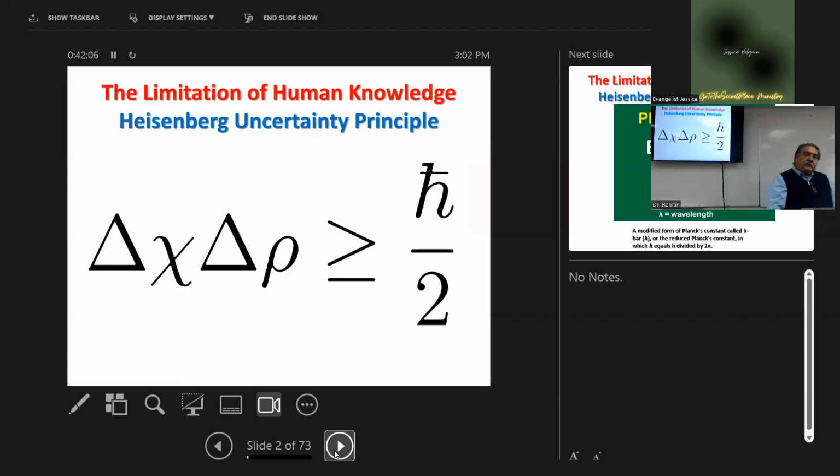Now coming back to the formula, that's a constant, and that's the numerical value 2. It says a change in position times a change in momentum or energy is always greater than or equal to Planck bar, h bar over 2.